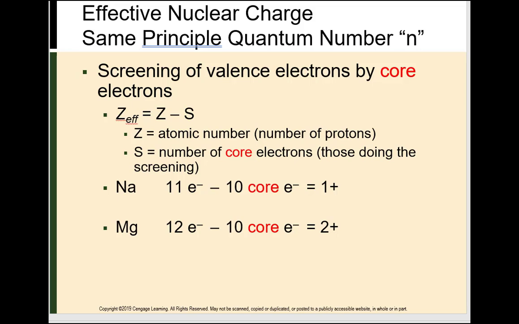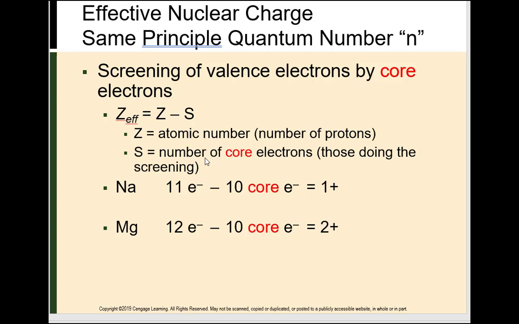Another trend that we notice when we are going from left to right across the period is that the effective nuclear charge increases. If we were to look at sodium, for example, sodium is in the 3rd energy level, and to find that nuclear charge, we know that sodium has 11 electrons, so we take our Z, our atomic number, and then we subtract S, which is the number of core electrons.